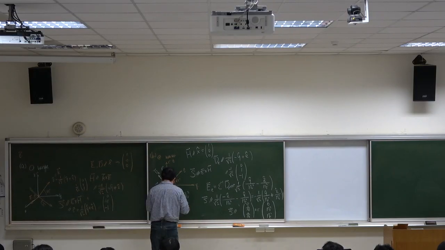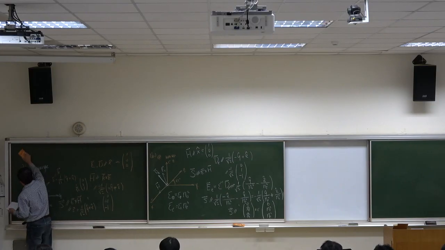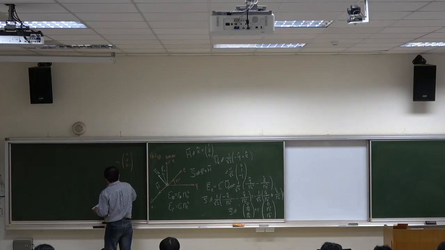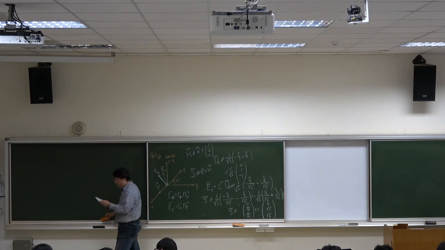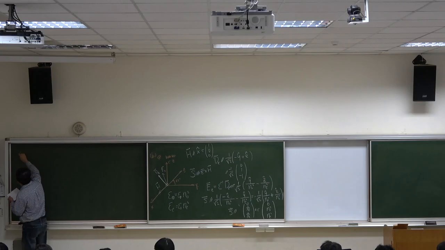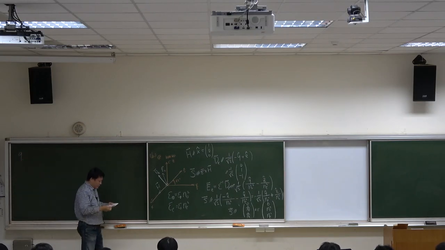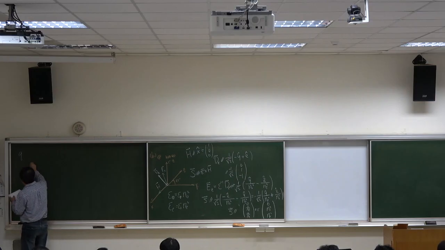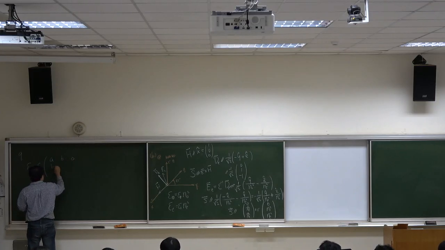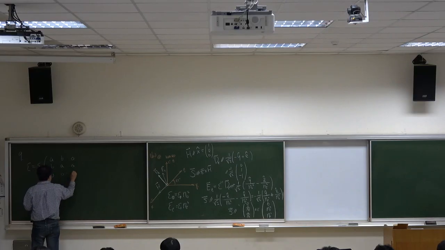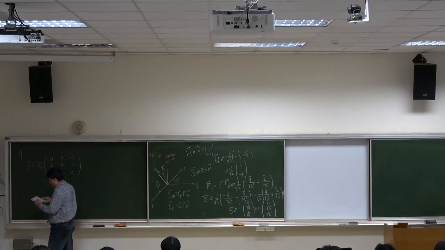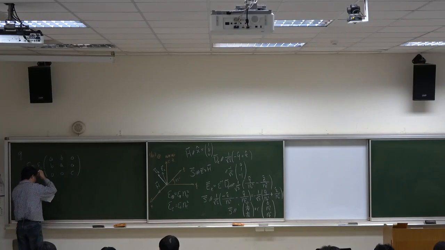Question 9. The dielectric permittivity tensor of a crystal in the lab XYZ frame is given by epsilon equal to epsilon 0 times the matrix A B 0, B A 0, 0 0 C. So what is its principal value, eigenvalue?